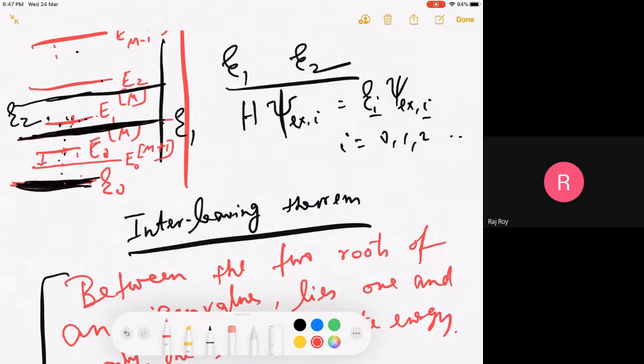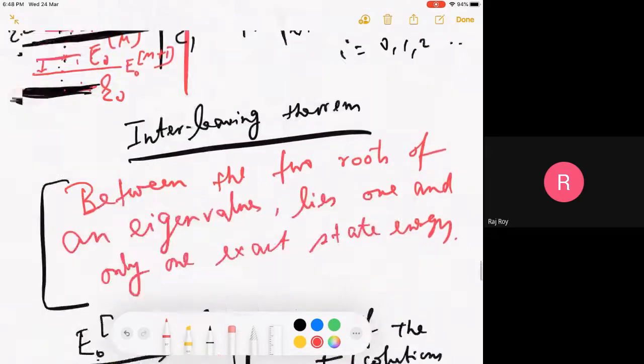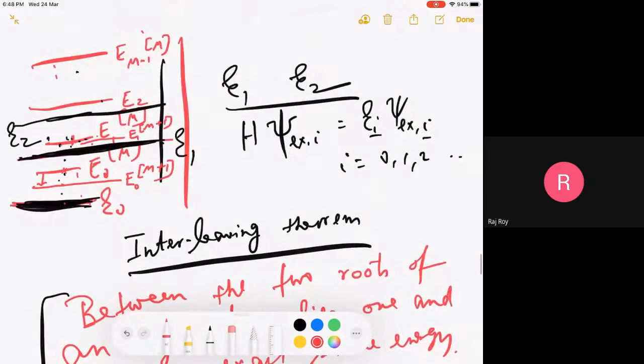Then, E1 with the m plus 1 basis will also be lower than E1 with the m basis. But again, because of the interleaving theorem, this will be greater than or equal to epsilon 1, because the interleaving theorem will now work in the m plus 1 basis as well.